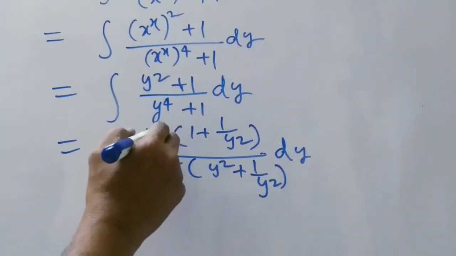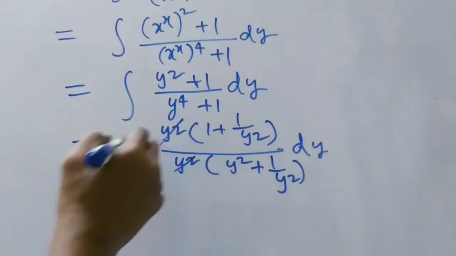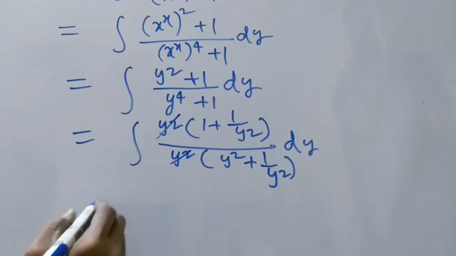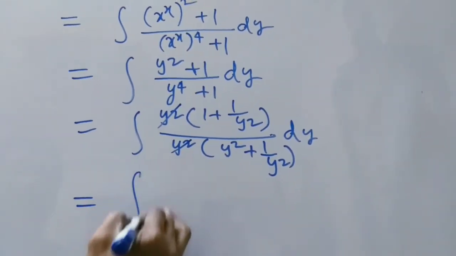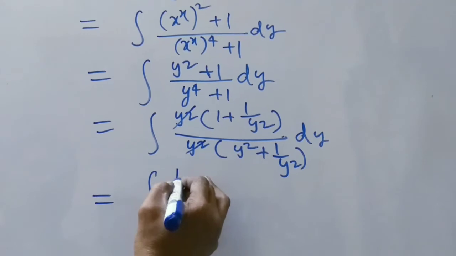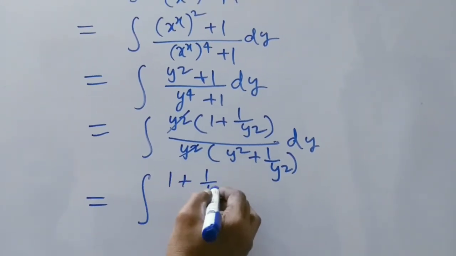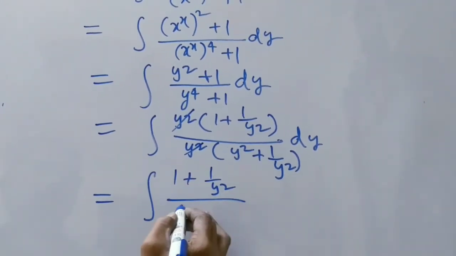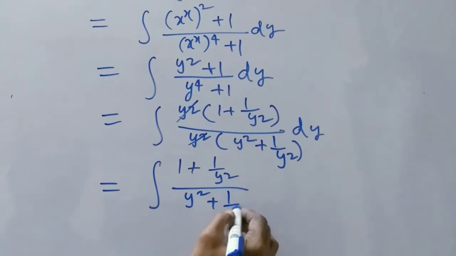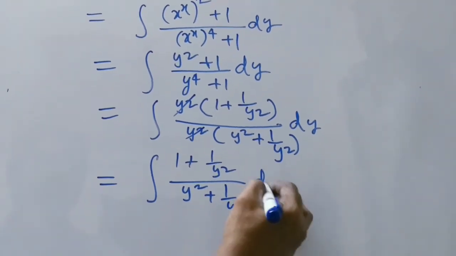Both the numerator y square and the denominator y square cancel. The remaining term is integral of 1 plus 1 by y square by y square plus 1 by y square dy.